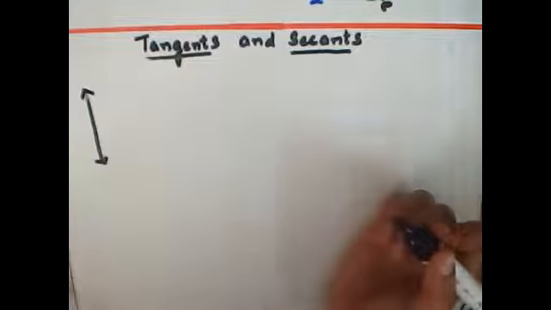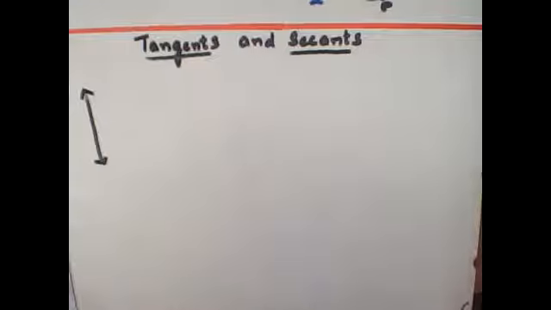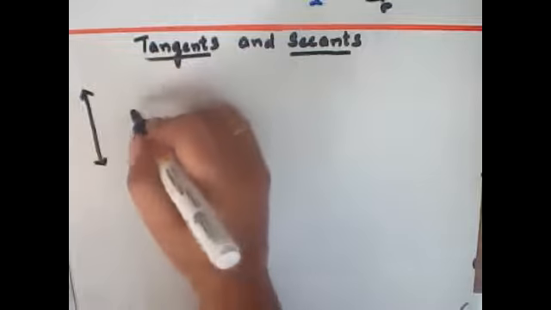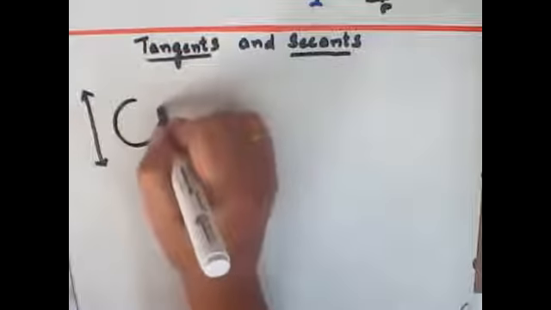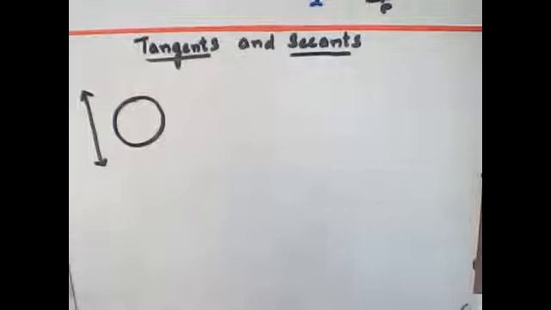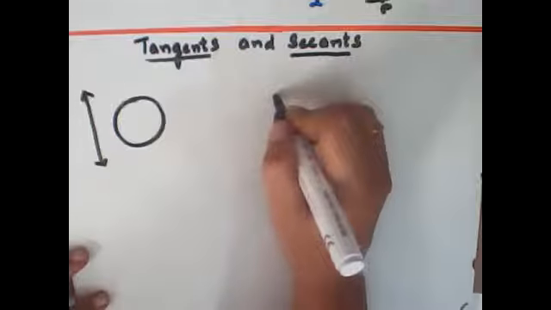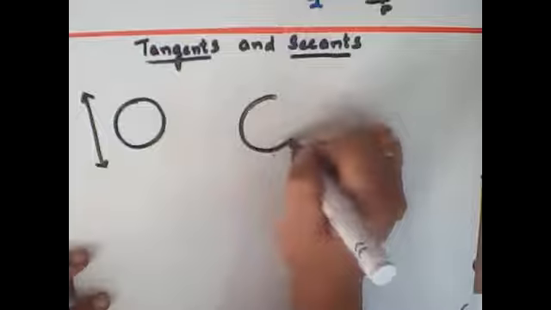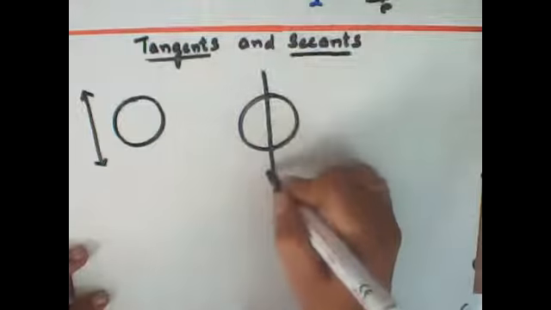If you have a line and a circle in a plane, there are three possibilities. First possibility is that the line does not intersect the circle at all. Second possibility is that the line passes through the circle.